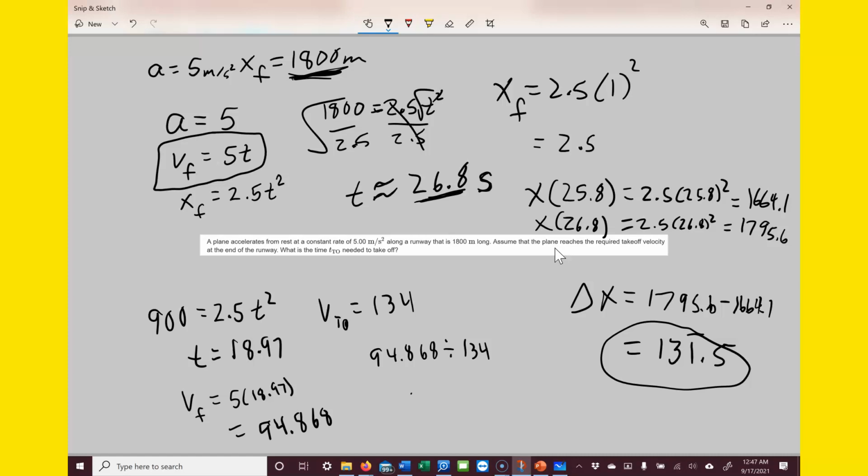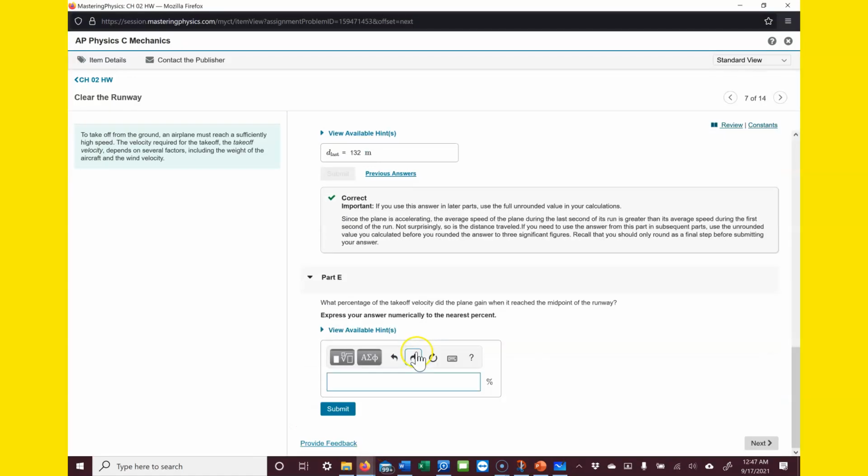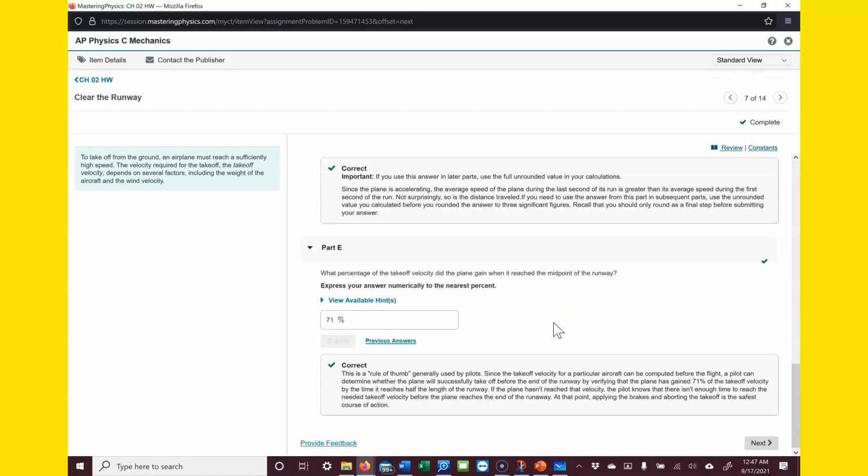I get 0.70797. So what does it want? Three significant figures? No, let's see. It's best to the nearest percent. So that's about 71% then. 71, hopefully. That is correct. Good deal.